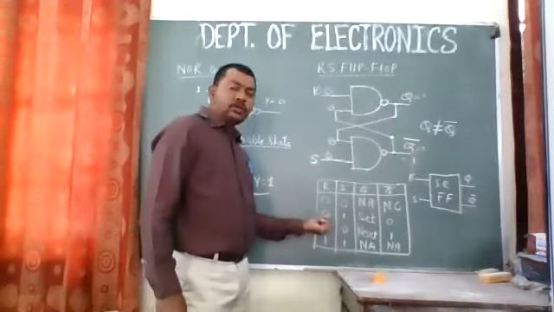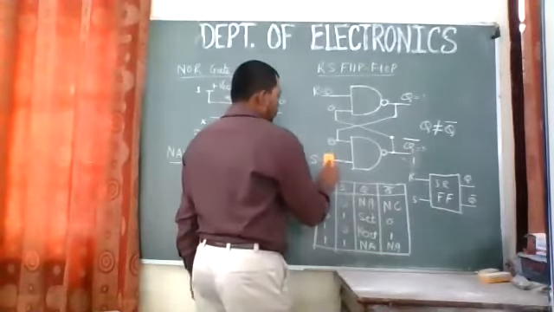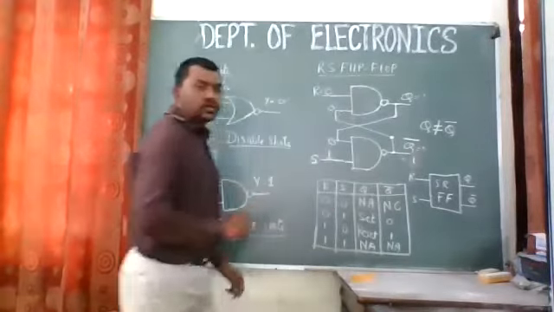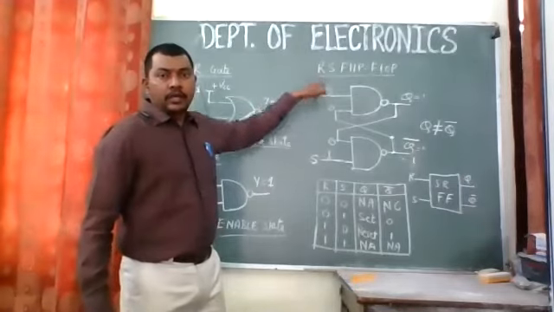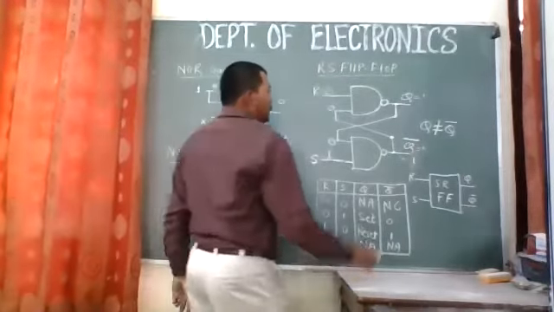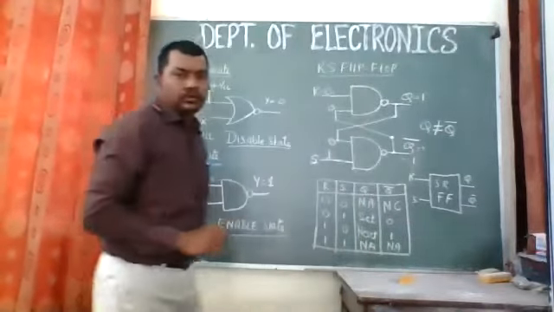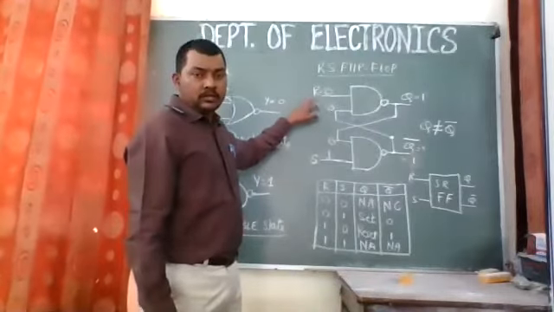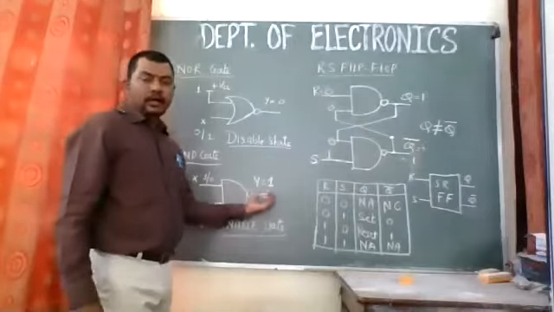In the second situation, R equal to 0 and S equal to 1. If one of the inputs of the gate is 0, it enables the gate, right? So S will give you Q equal to high. If one of the inputs to a NAND gate is equal to 0, the output becomes high.